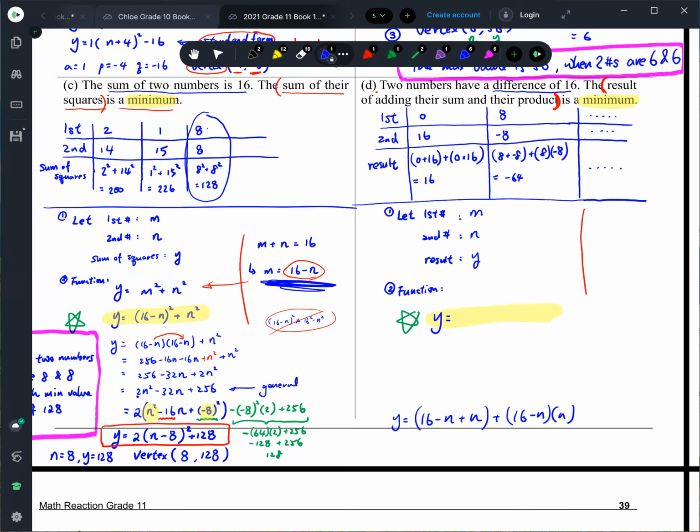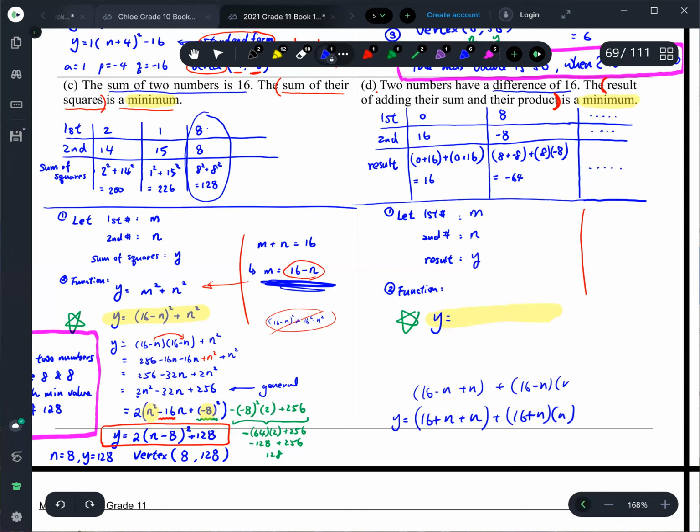Which part? The 16 minus n parts. Oh, so like here, both of them? Yeah. Okay. So you have 2 kinds: 16 minus n plus n, and 16 minus n times n. Okay. Any other answers?